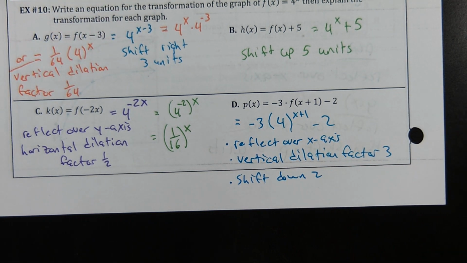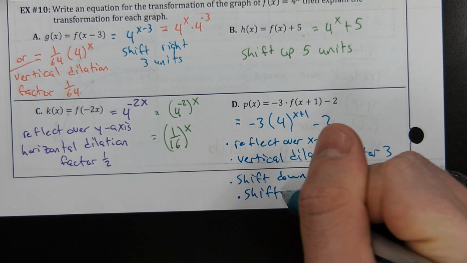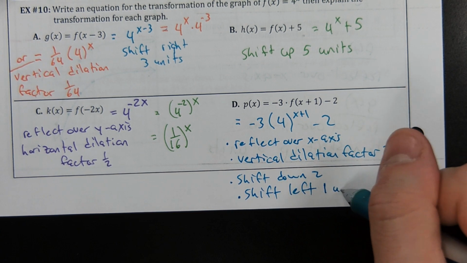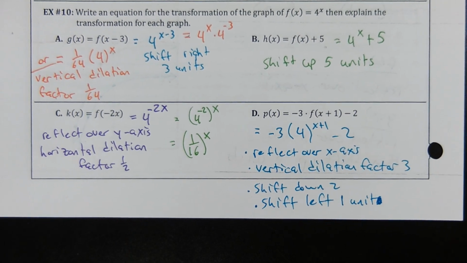Lastly, the horizontal translation, which could be rewritten and described as a vertical dilation. But for now, let's just describe what happens when we have x plus 1. Shift left 1 unit. I wrote units, 1 units.